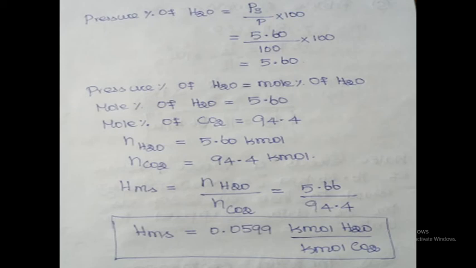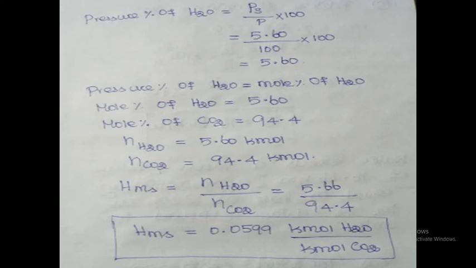Okay. So the mole percentages are directly taken as number of moles. Number of moles of water is equal to 5.60 kilomoles. Number of moles of carbon dioxide is equal to 94.4 kilomoles. From that, we want to calculate absolute molar humidity at the saturation condition.